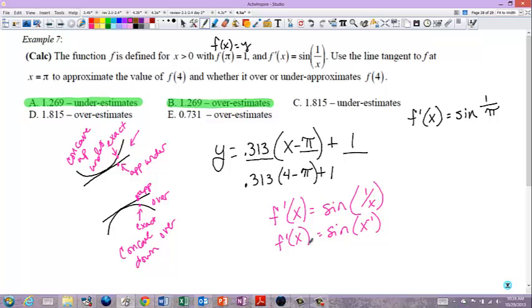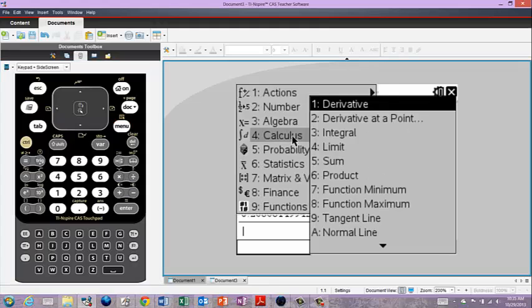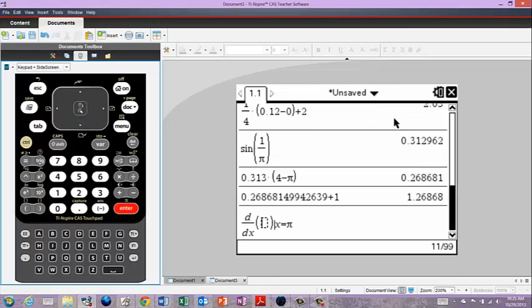So if we do a derivative at a point, actually at pi, I'm going to do menu, calculus, derivative at a point at pi, because I want to know if it's concave up or concave down, for sine of 1 over x.